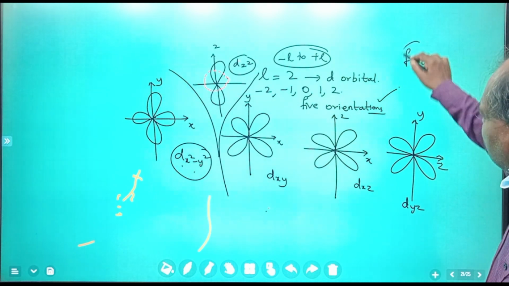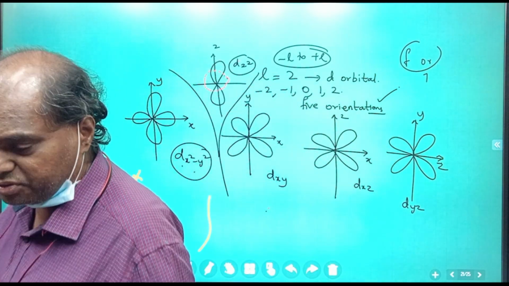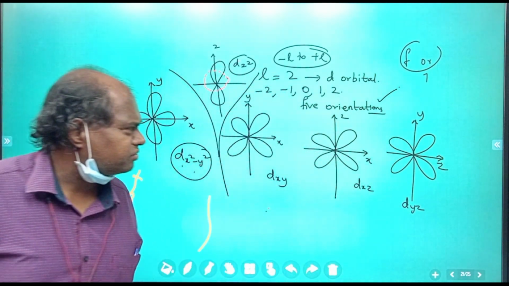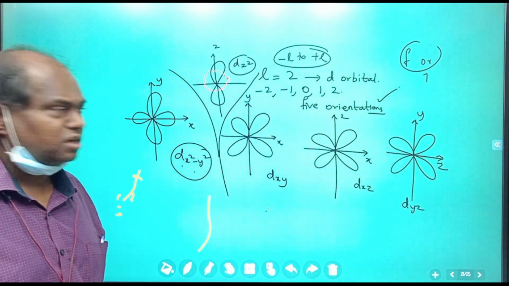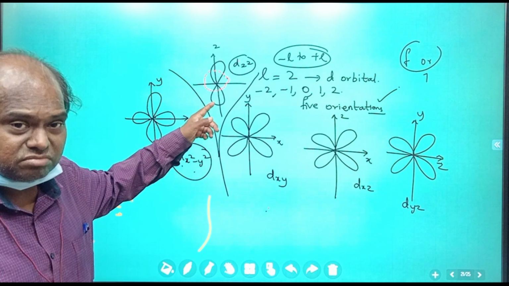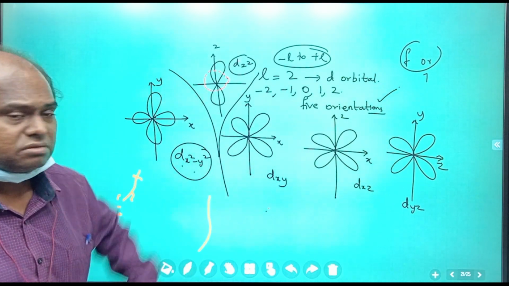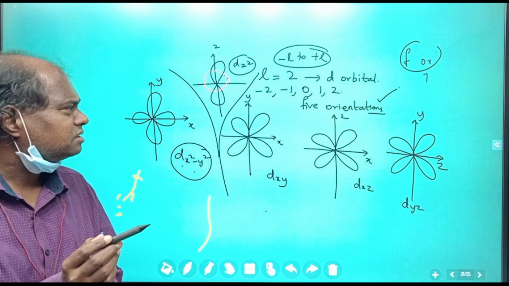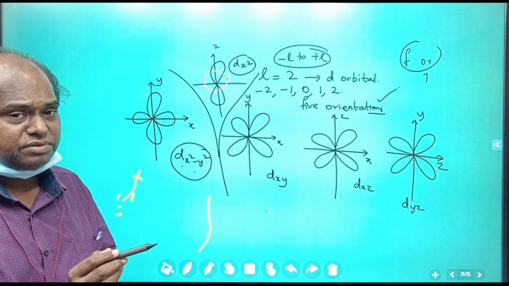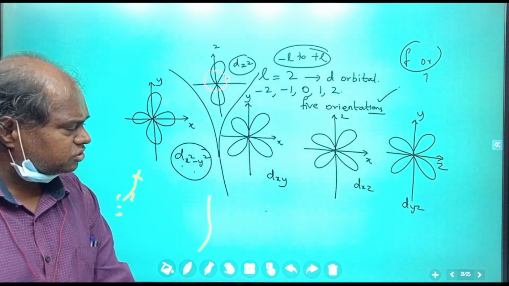The f orbital is very difficult to draw. You have to show it in 3 dimensions. You can't show it in 2 dimensions, right? Even dz square, students, is also 3 dimensional. Okay, this and all is fine. So f will be difficult to show, but f will have 7 orientations. 7. Okay, students, I think we'll stop here.